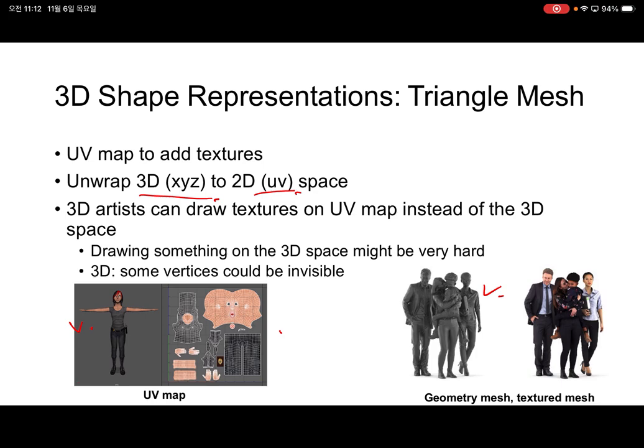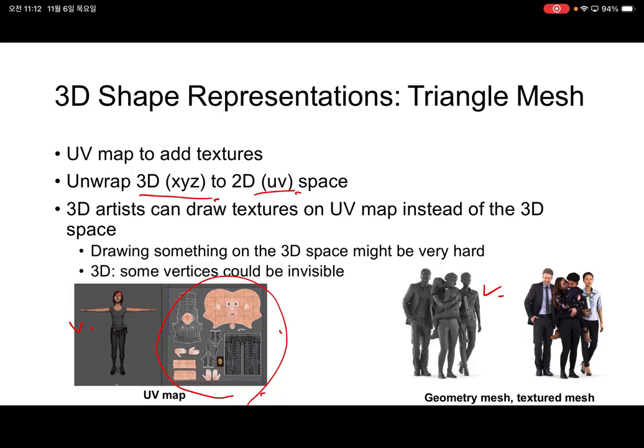So let's say my head is here. I open my head and then make a flat picture of my head in the UV space. This XY is the UV space. And then I can draw something on the UV space. That is what 3D artists are doing to add some textures on the 3D mesh.